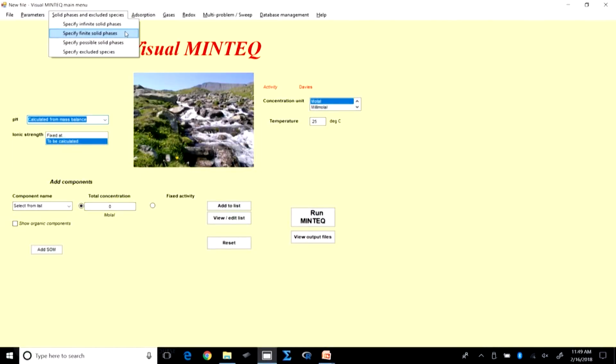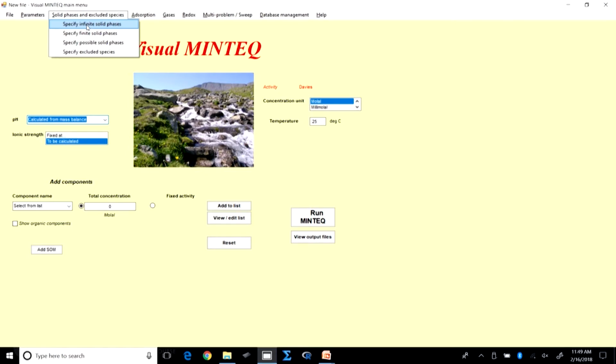So if we have only 1 gram per liter of a finite solid, you can specify that in the specify finite solid phases. But if you are looking for an infinite solid, as in there is an inexhaustible amount of your particular solid in equilibrium with your solution, you are going to use specify infinite solid phases.